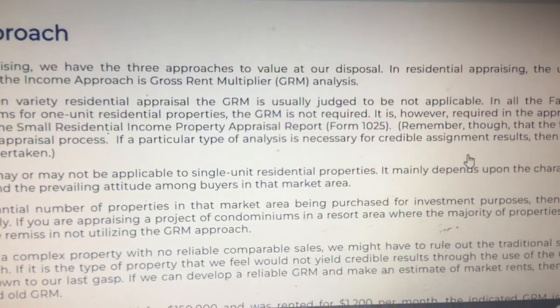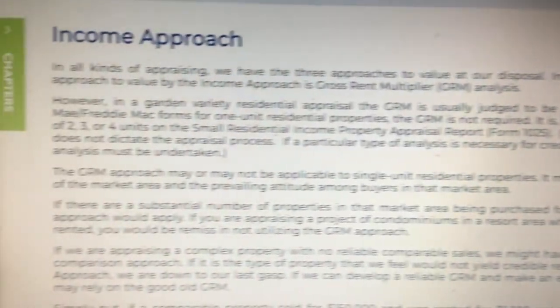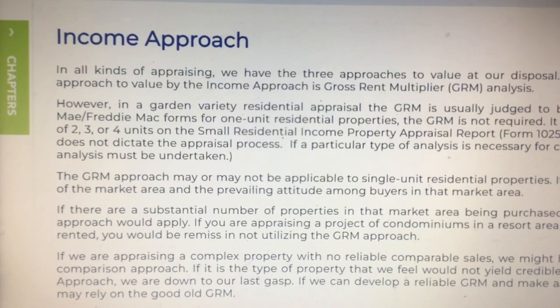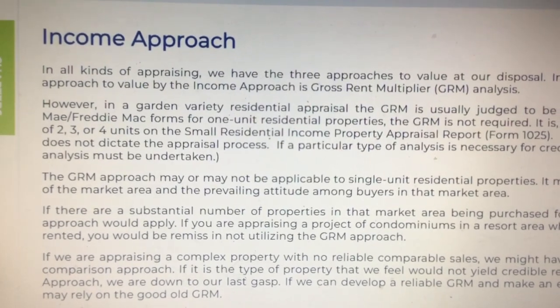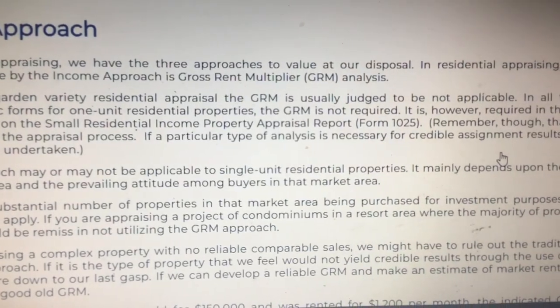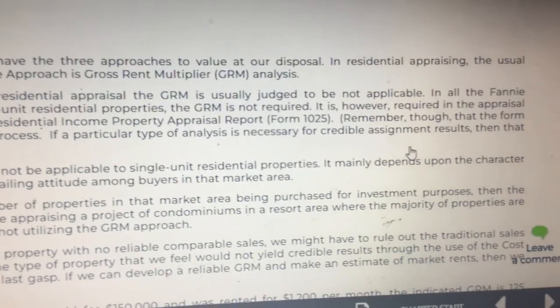It is, however, required in the appraisal of 2, 3, or 4 units on the Small Residential Income Property Appraisal Report, Form 1025.